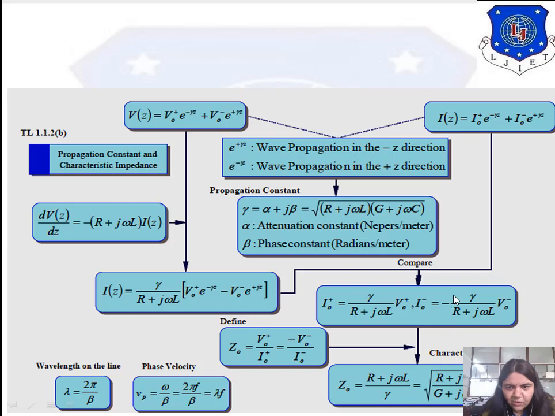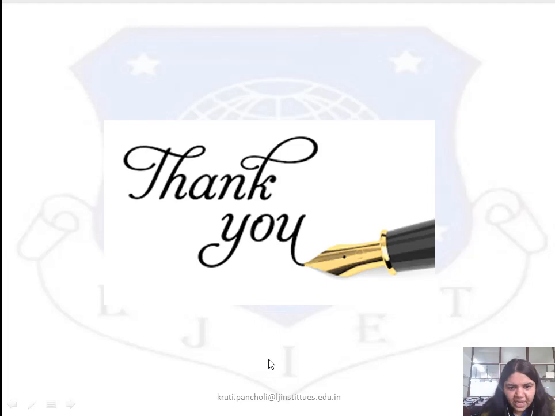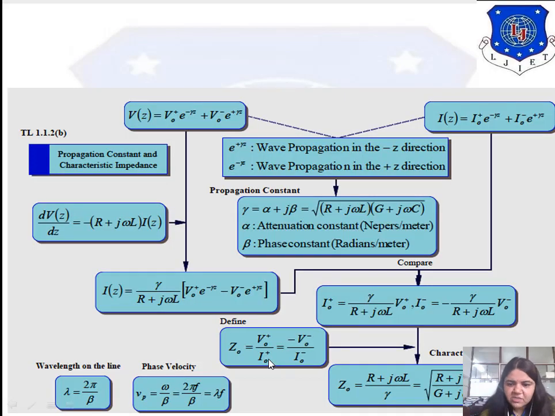So we can find the impedance value, that is impedance is V upon I. V0 plus upon I0 plus gives us the value of the impedance. Similarly, V0 minus upon I0 minus again gives us the impedance Z0. So Z0 is the square root of (R plus j omega L) upon (G plus j omega C).